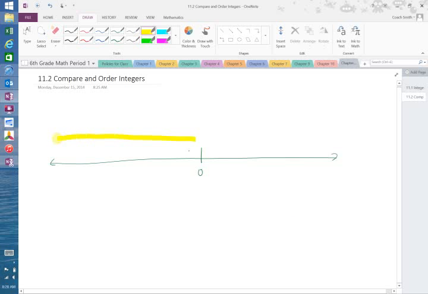As we move to the left from 0, the numbers get smaller.